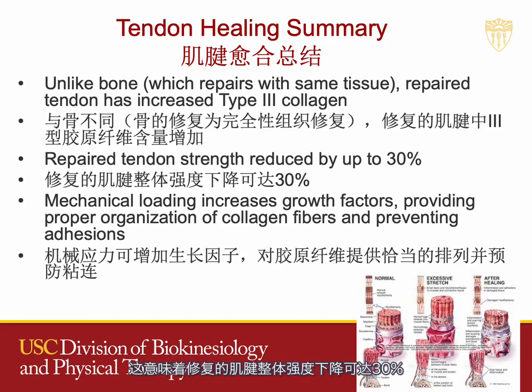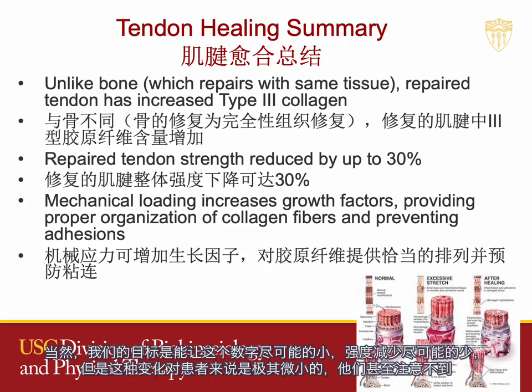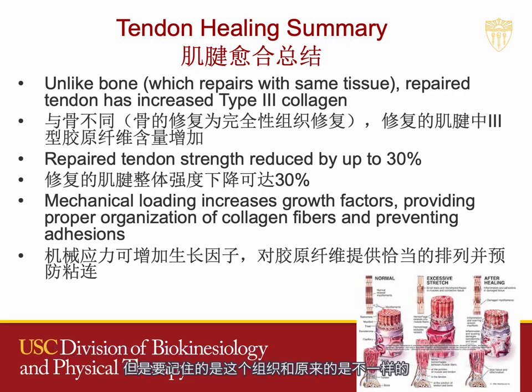So that means that the repaired tendon strength could be reduced up to 30%. Our goal, of course, is that that number is much less, that the strength might be reduced slightly, but that it's very, very minimal for most of our patients, that they wouldn't even notice it. But keep in mind that that is true, that this tissue is not the same.